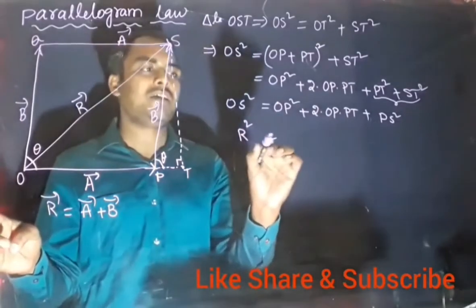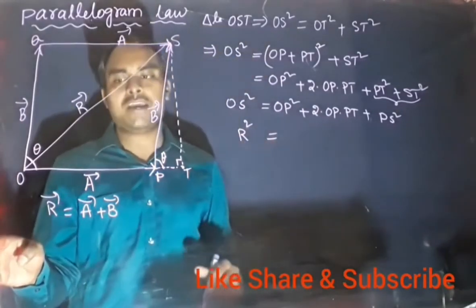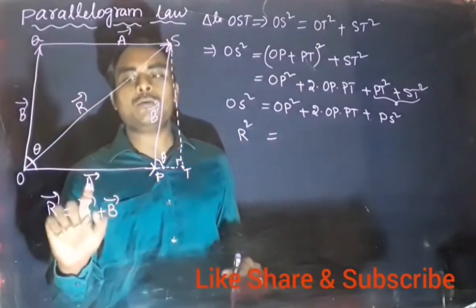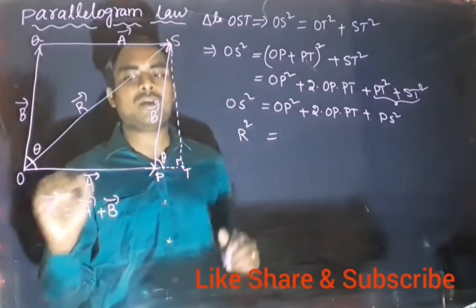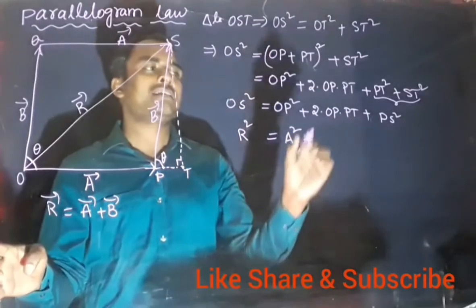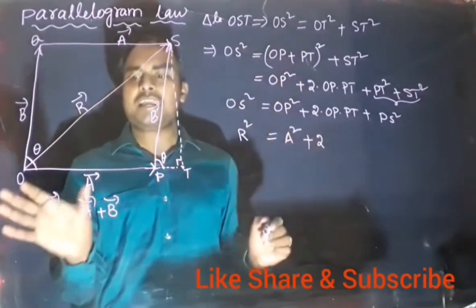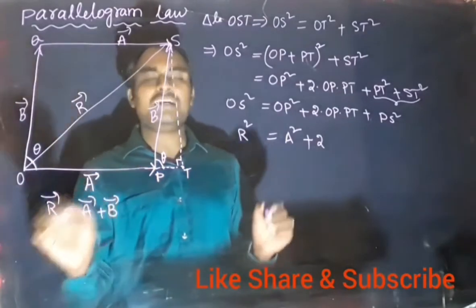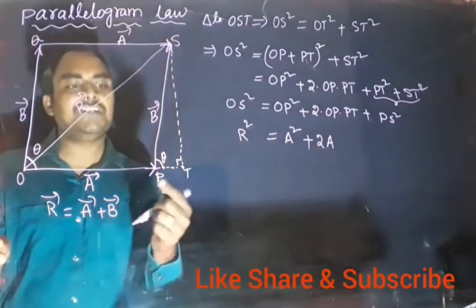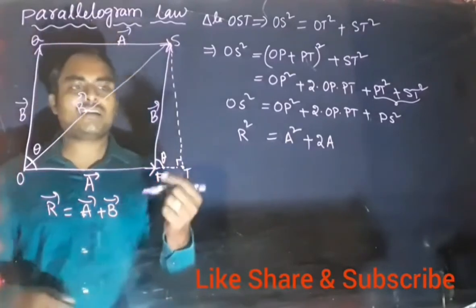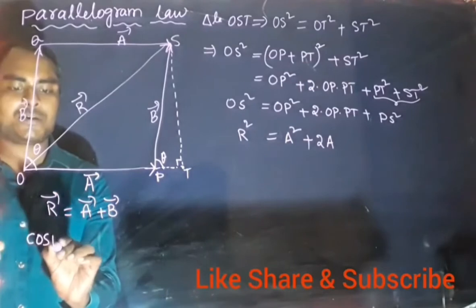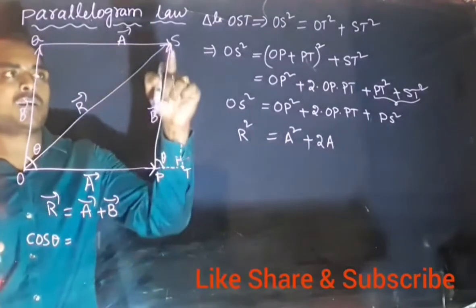R square equals OP square. OP is a length, that length equals the magnitude of A bar. The magnitude of A bar is represented by A. So A square plus 2 into OP, this OP can again be written as A, into PT. So we want this PT. For that, let us apply cos theta in this small triangle.